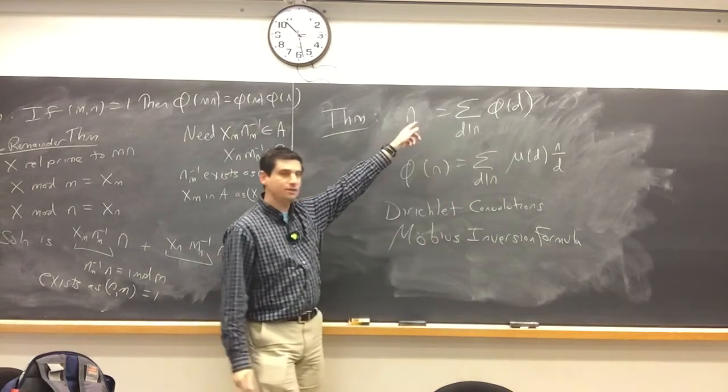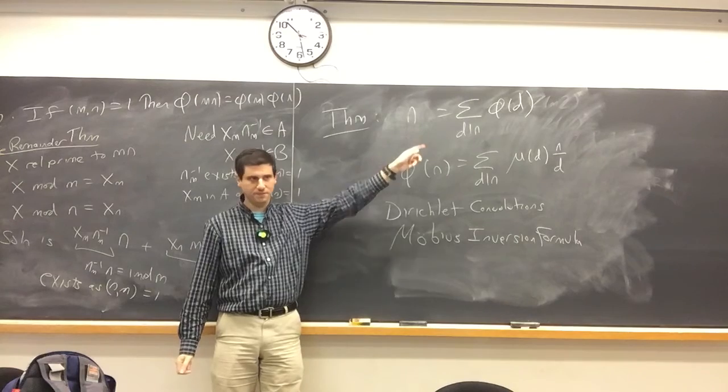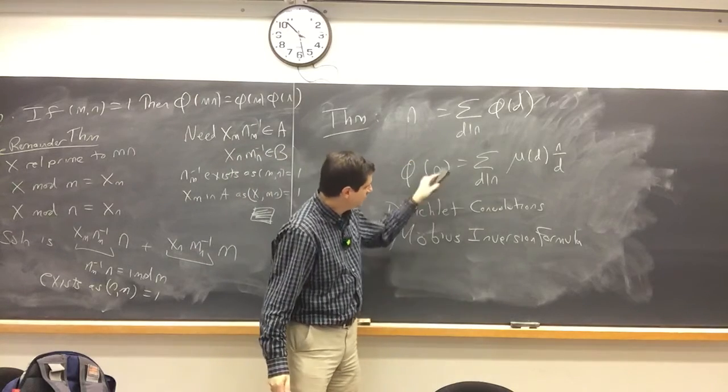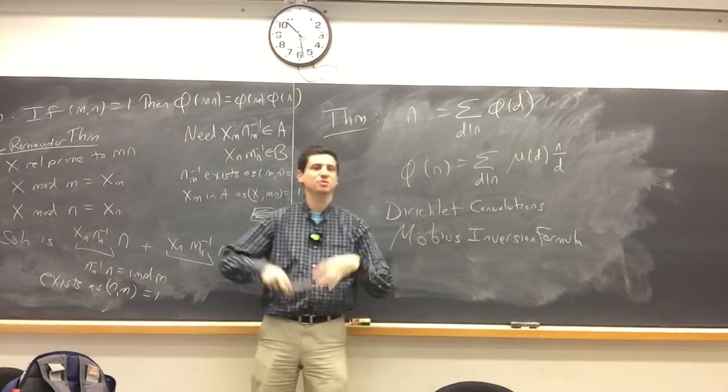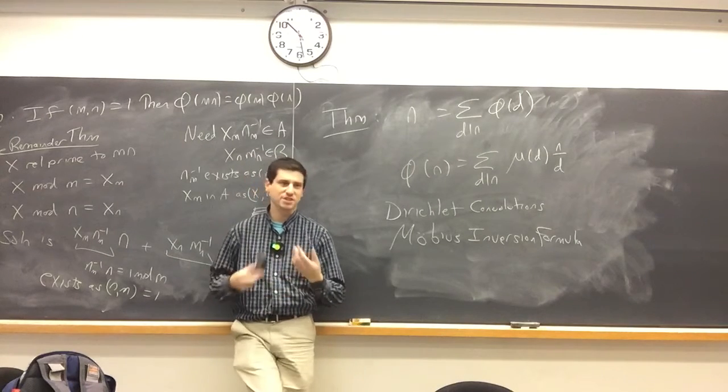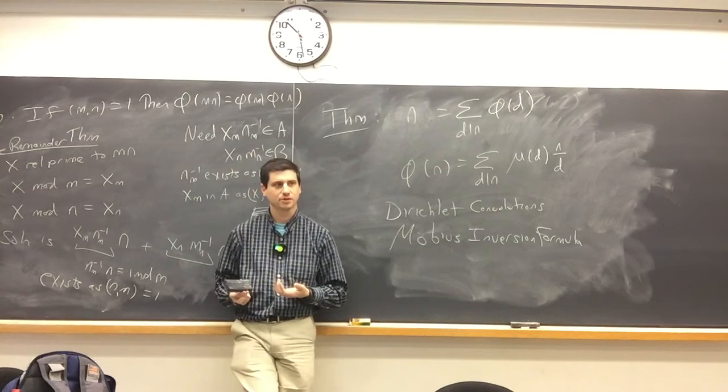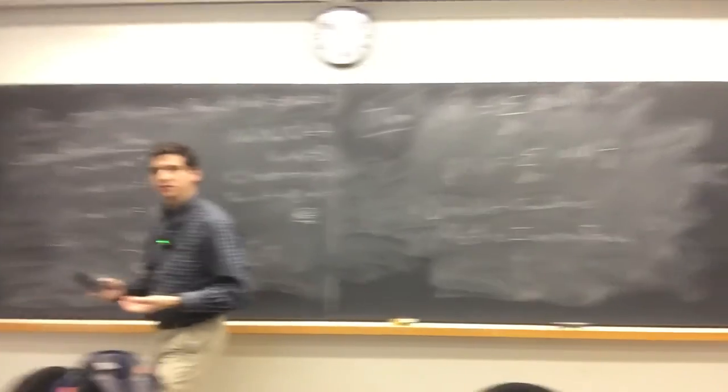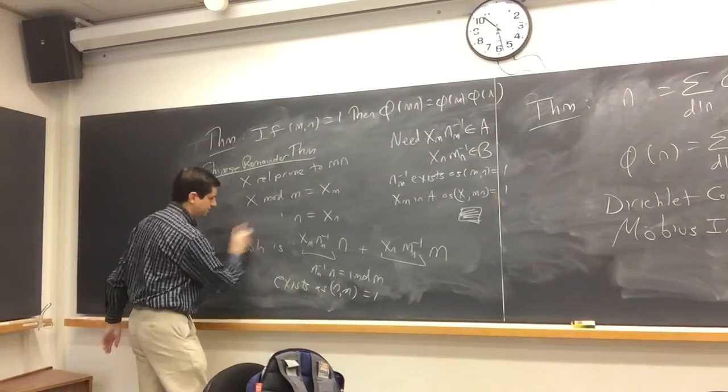So the second claim immediately follows from the first with the Mobius inversion formula. If you prove this one first, you should be able to get that one also by using the Mobius inversion formula and just using Dirichlet convolutions. So really, it's sufficient to just prove the first result.